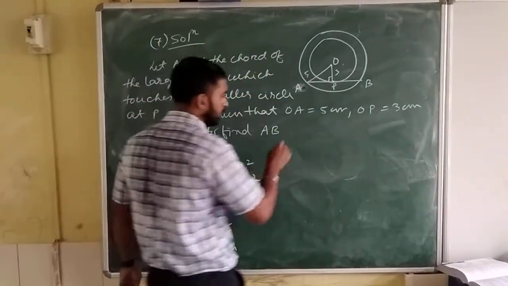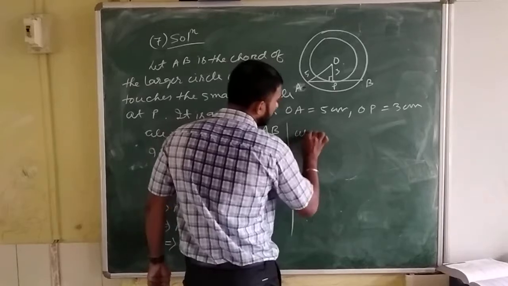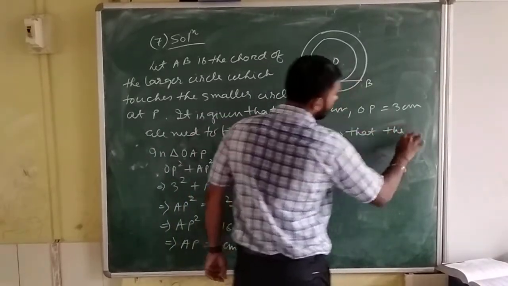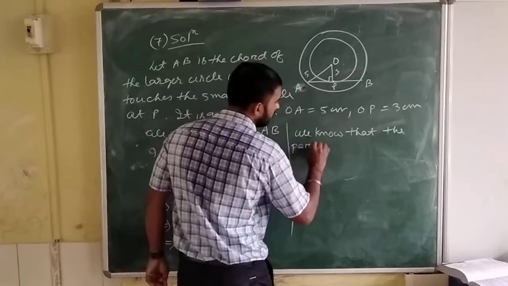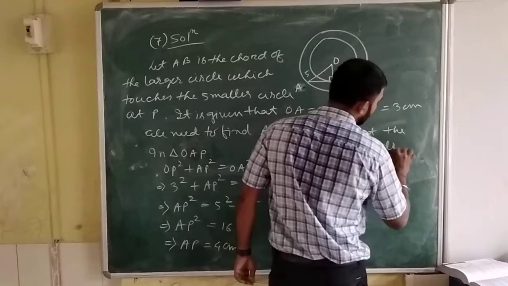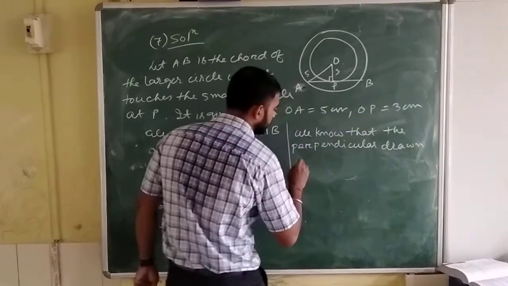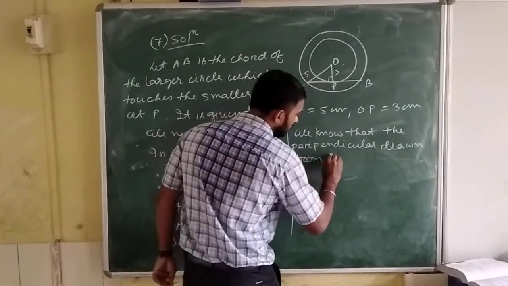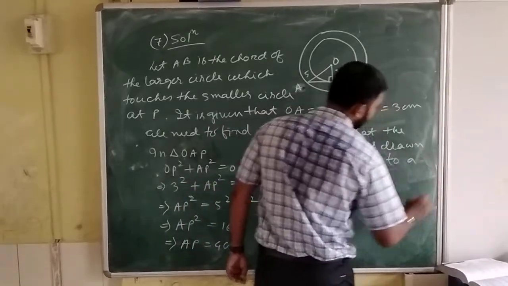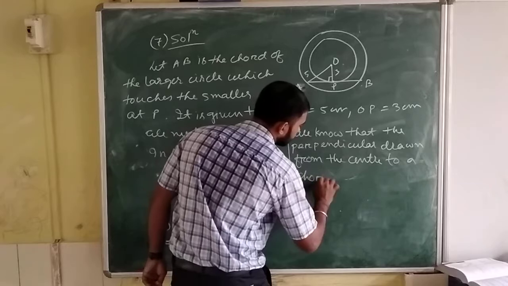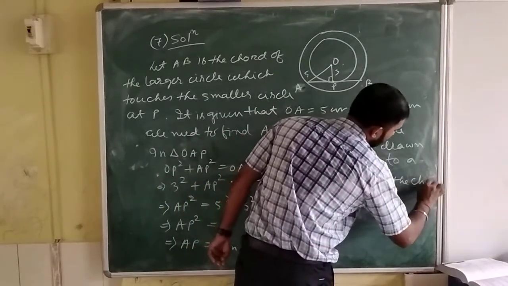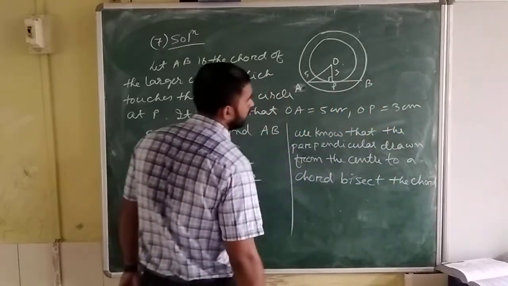So by the theorem, we know that the perpendicular drawn from the center to a chord bisects the chord.